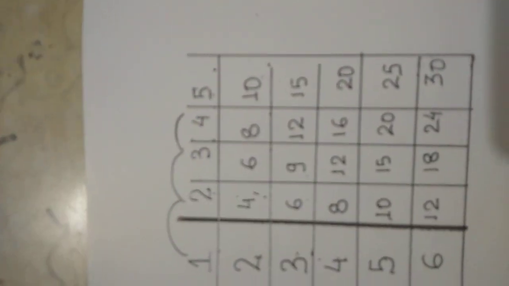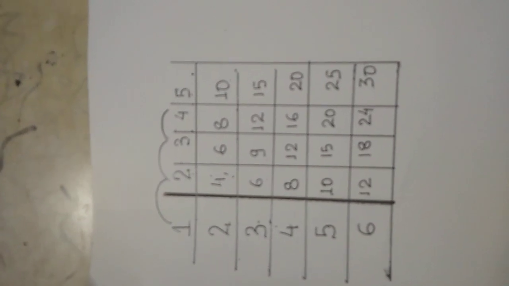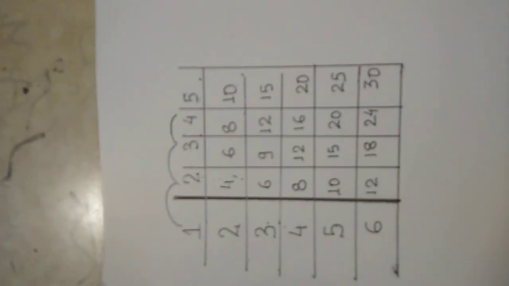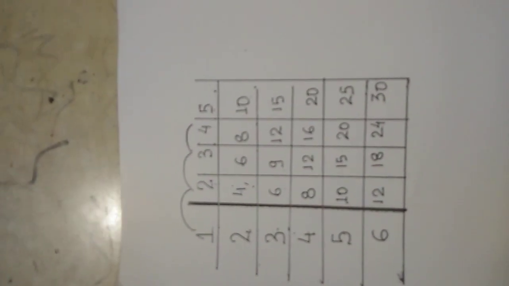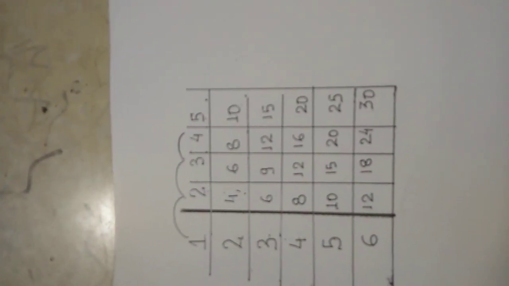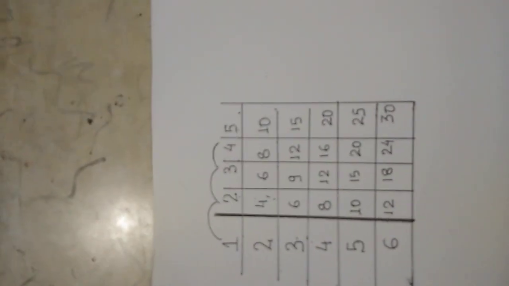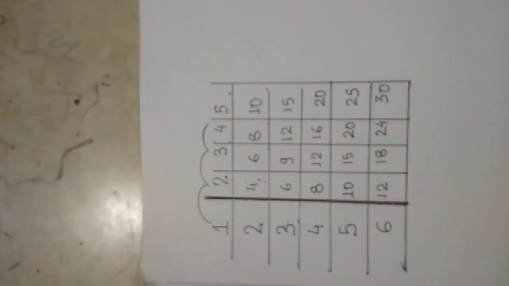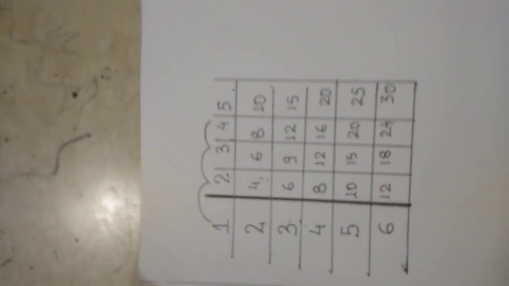That constant value is always the common difference. So if any series is given in such a manner, where there is a difference of the same value, either decreasing or increasing, that is known as arithmetic progression.